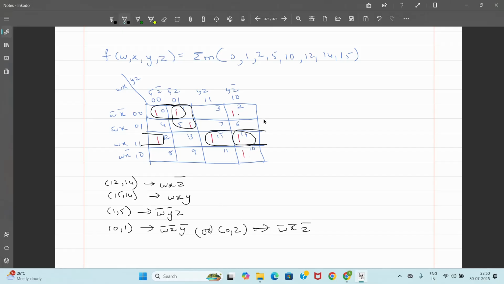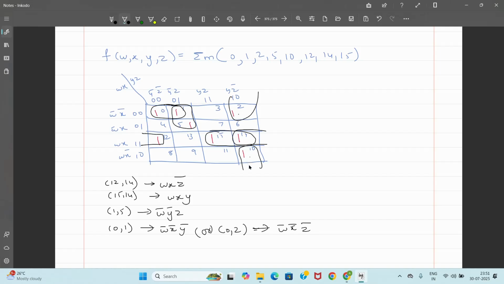Similarly, for the cell number 10, I can either group it with cell number 2, corner, or I can group with 14. So since in this case I didn't take 2 for 0, I will take 2 for 10. I'll group them, because I don't want to overlap with 14 and leave this alone.